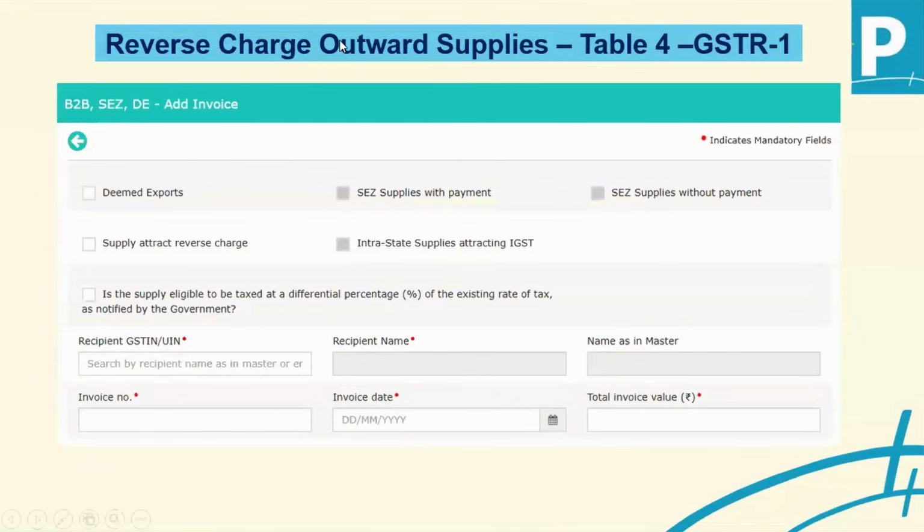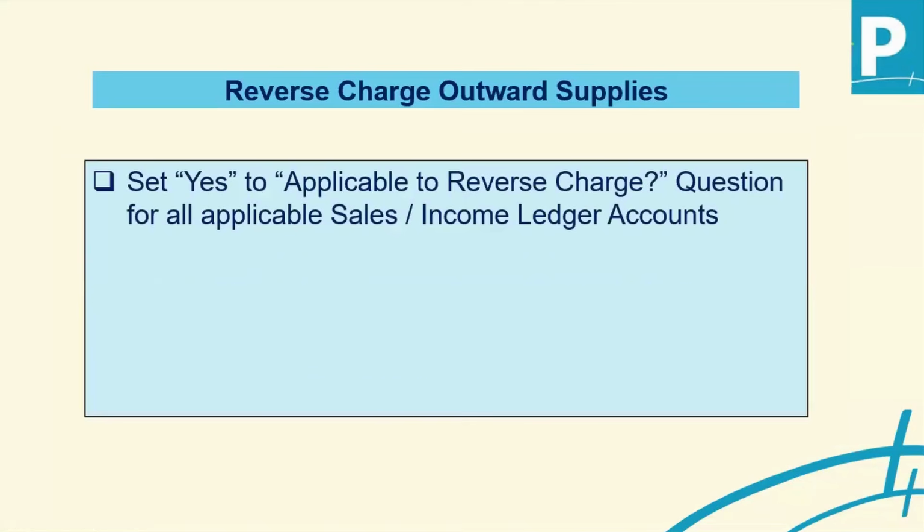In the taxable outward supplies B2B table, the law requires us to tick the supply attracting reverse charge while disclosing our reverse charge outward supplies. This is also rightly taken care of by Tally, which is what I am going to show you.